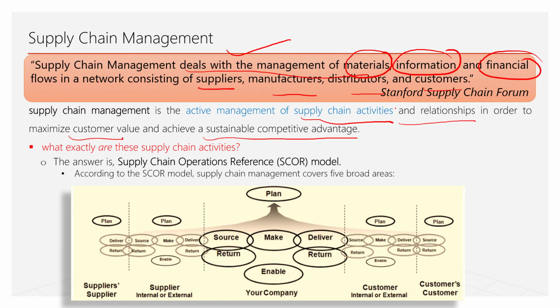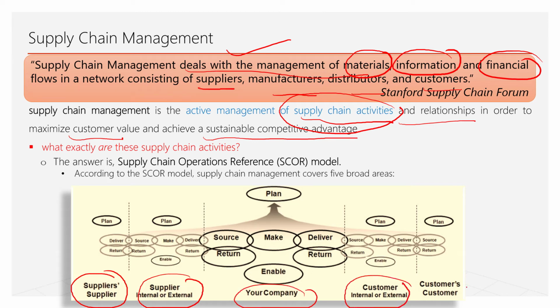Now the question is, what are the supply chain activities? To answer this, the best reference is the SCOR model, which is the Supply Chain Operational Reference model. In a supply chain, as you can see, this is the second tier supplier, this is the first tier, and this is your manufacturing company. This is the downstream supply chain: from your company it goes to the wholesaler or dealer, and then towards the final customer.